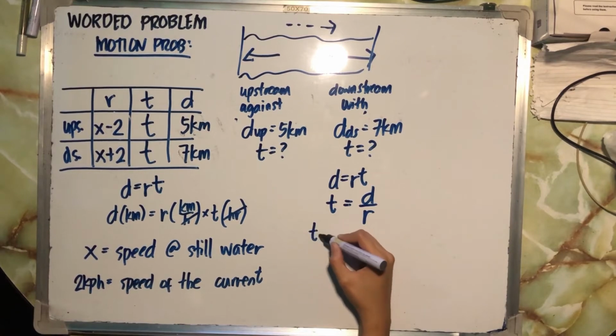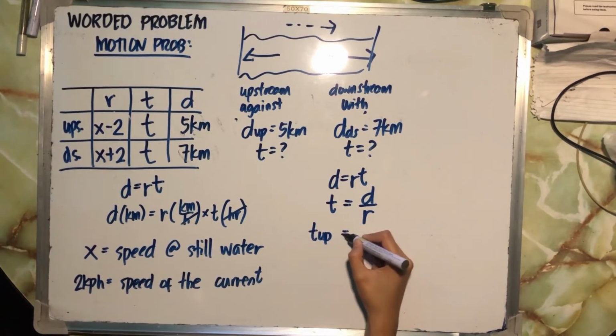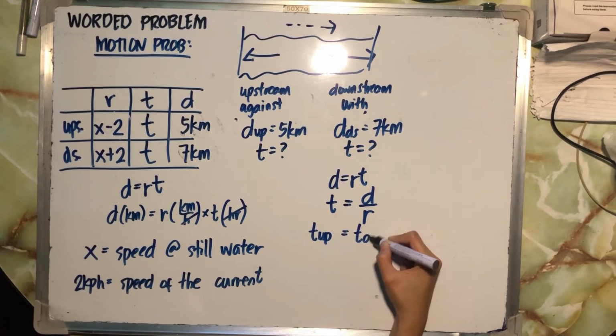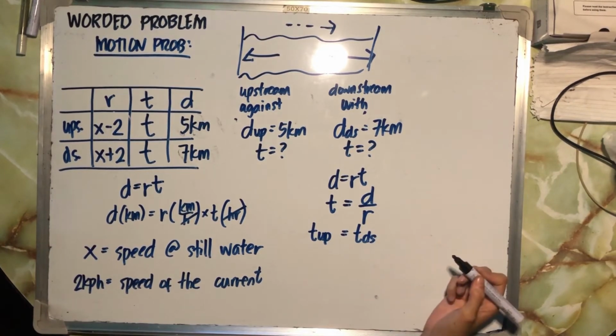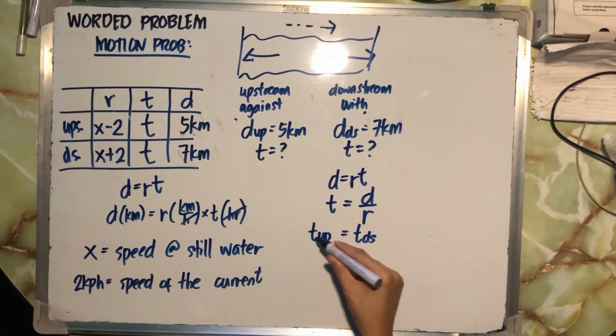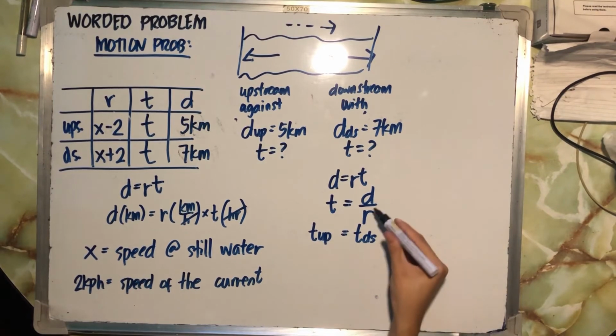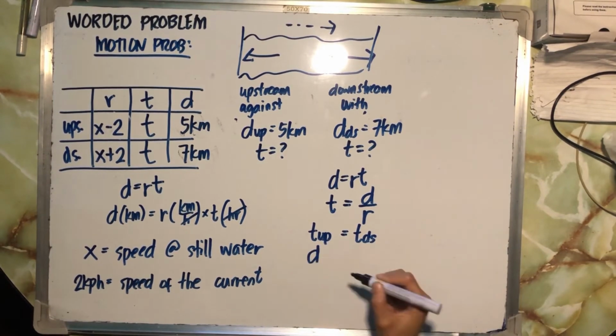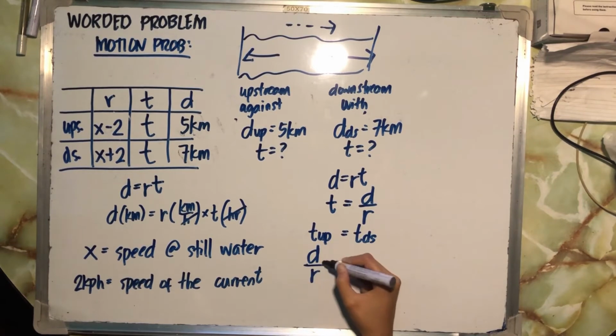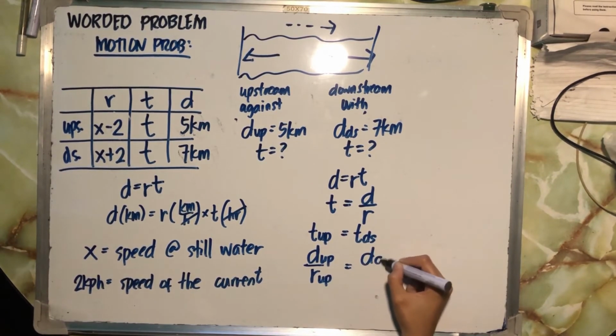It says he travels the same time upstream and downstream. Okay? So, if time upstream is equal to time downstream, and time is distance over rate, then distance upstream over rate upstream is equal to distance downstream over rate downstream.